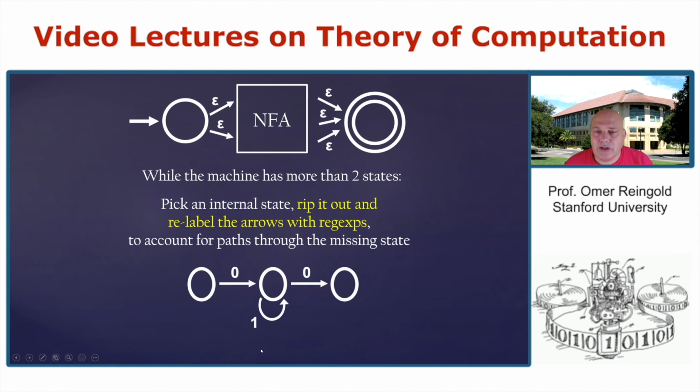So let's look at just this example where you have 0, 1, 0. The only state that we can rip off is this one. And the regular expression that we need to replace it is 0, 1 star 0.